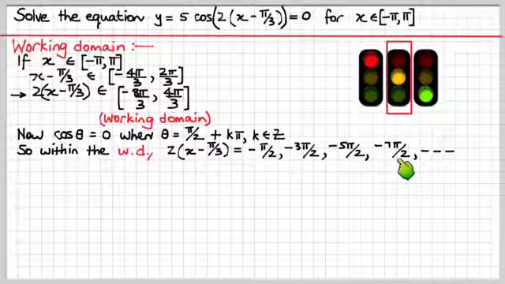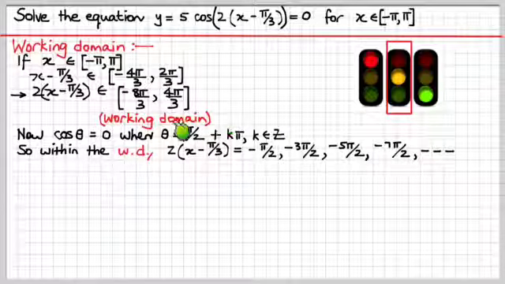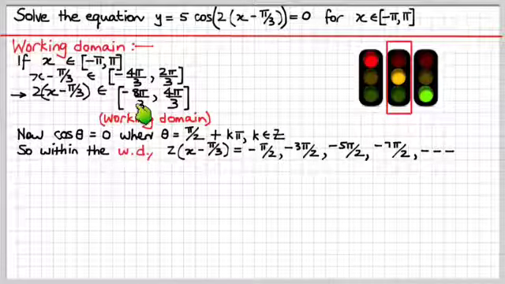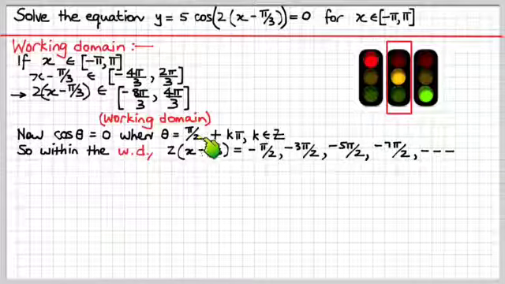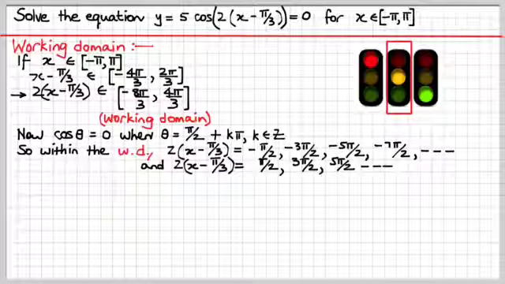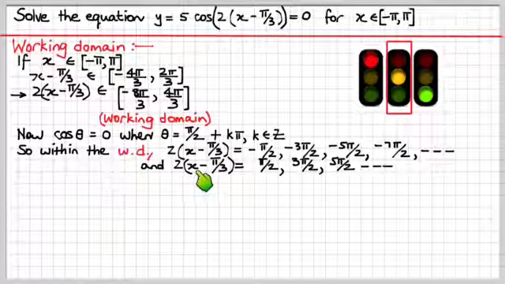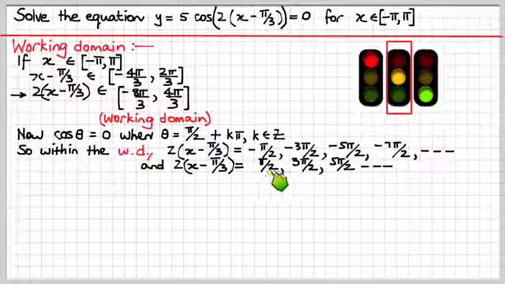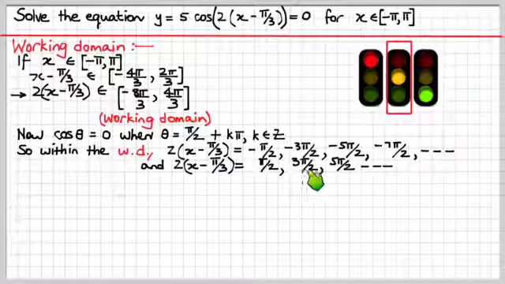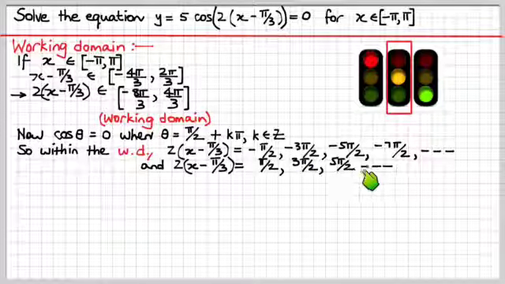Now, goodness, I've got to work out what all this means. Unfortunately for us, this has got a 3 on the denominator, and all these have got a 2. So it looks like I probably need to convert them both to, say, 6, the lowest common denominator of 3 and 2. But before I do that, I'll just go forwards and identify that 2(x − π/3) could also be, in the forwards direction, π/2, or 3π/2, or 5π/2, and so on and so on.